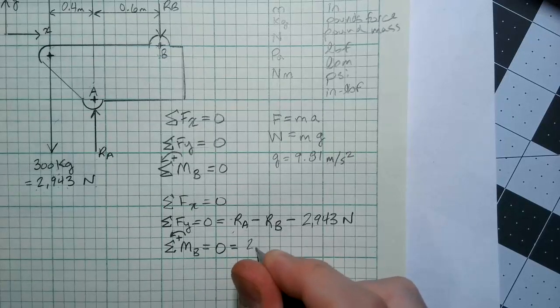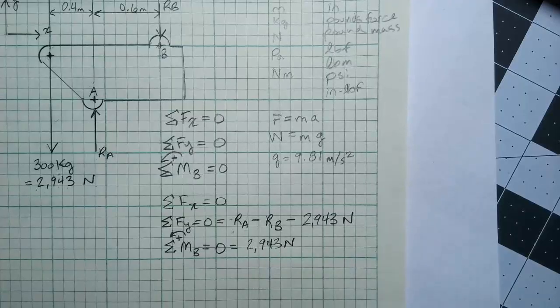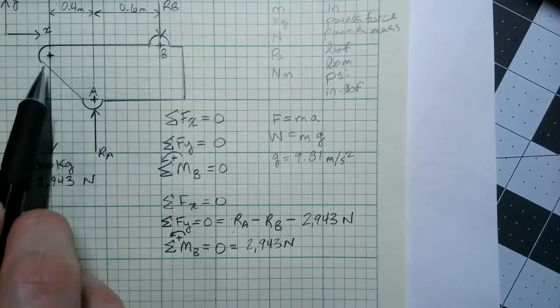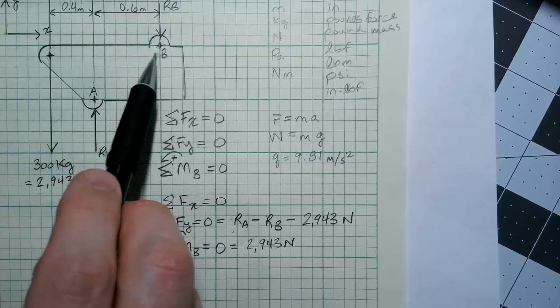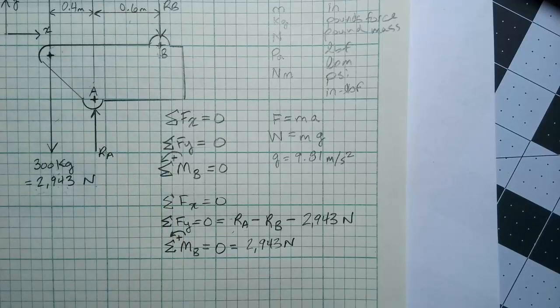That is 2,943 newtons, but remember, a moment is force times distance. So what's the distance for the application of the load from B? It's 0.4 plus 0.6, so obviously that is 1 meter.